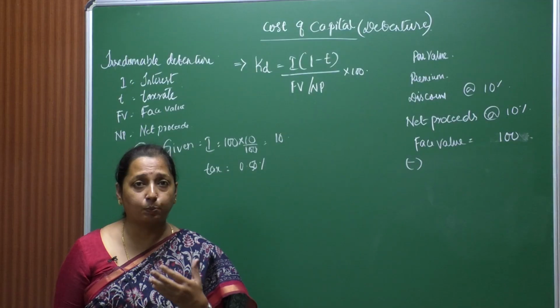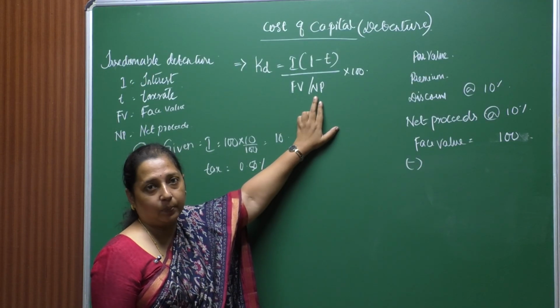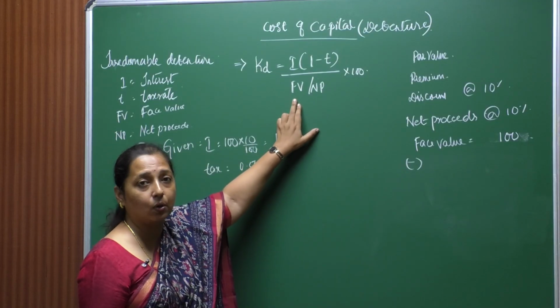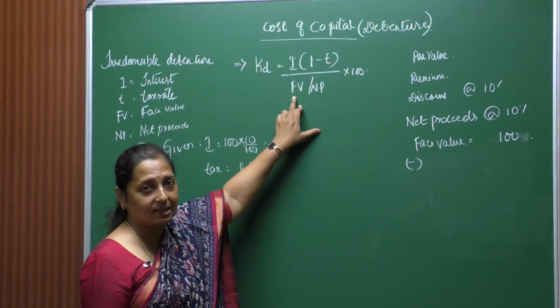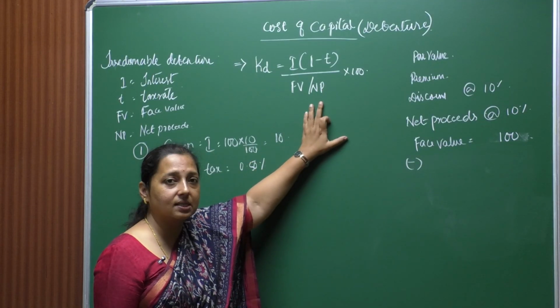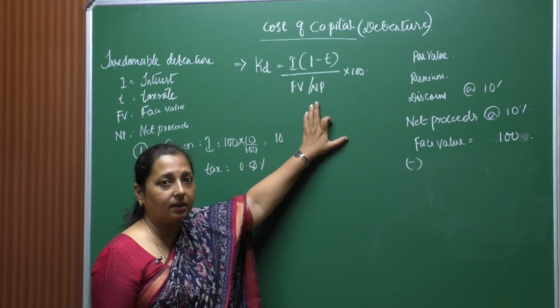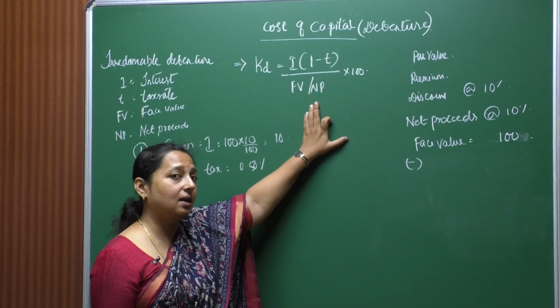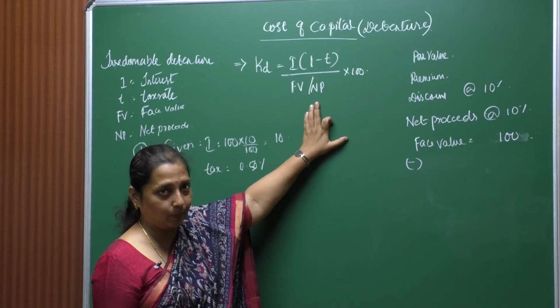All those expenses will be deducted from the face value. If there is no cost spent on issuing the debenture, it will be treated as face value. If any expenses have been incurred, they would be deducted, and if it has been issued at a premium or discount, that can be considered in the net proceeds.